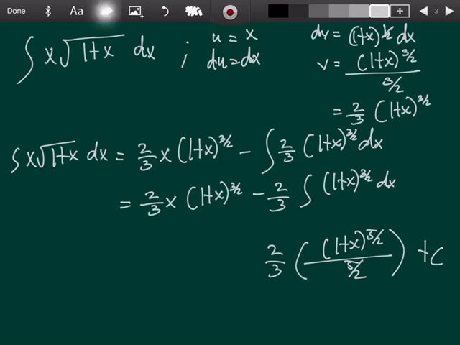Pero wag na natin siyang gawing over 5/2, kasi parehas lang naman siya. Gawin na lang natin over 2/5 na lang.